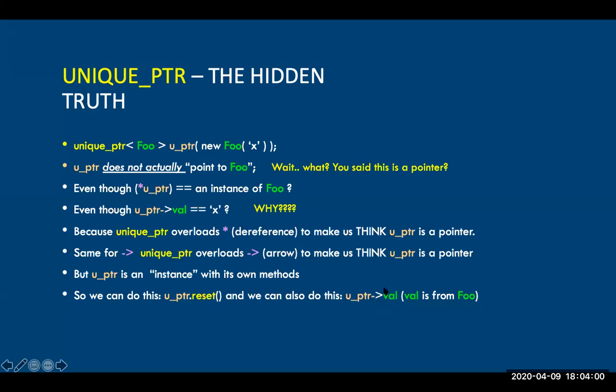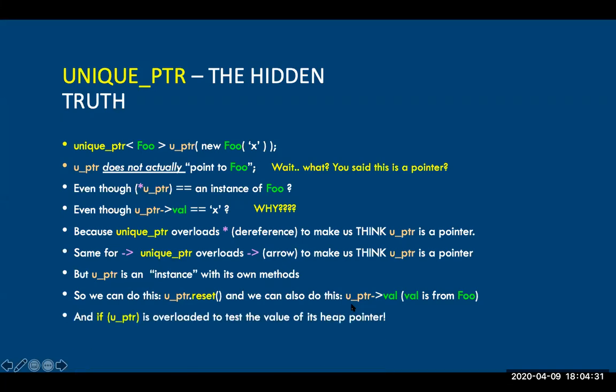Since arrow has been overloaded, we're reaching into the piece of memory being managed by the uPointer and getting a member from that class, okay? So the dot is calling a method that's a member of the uPointer class. The arrow is going right through the raw pointer and getting at some sub value that's a member of, assuming it's pointing to a class, the class that we're pointing to, okay?